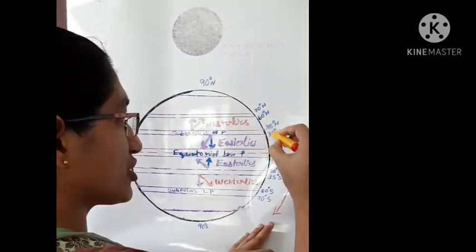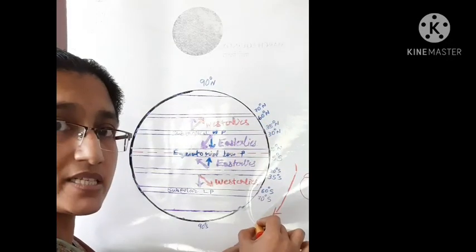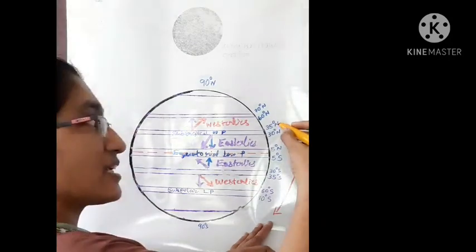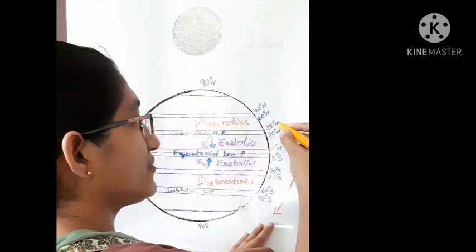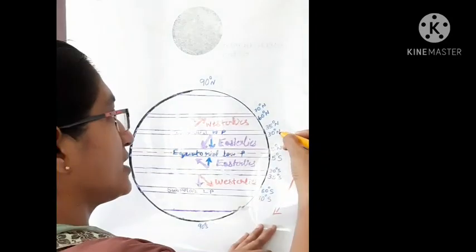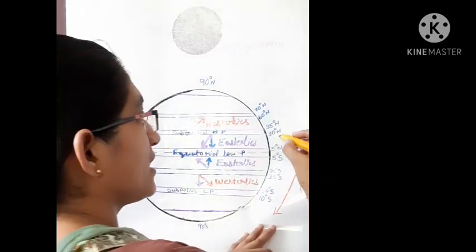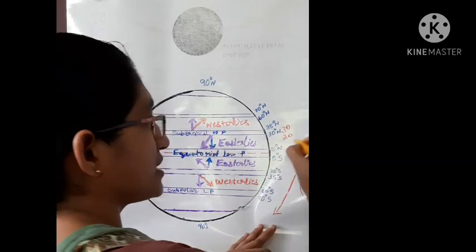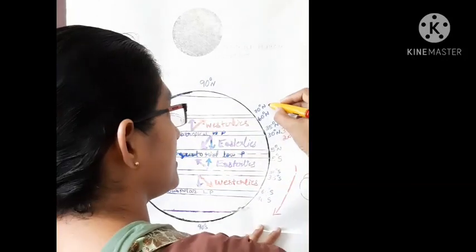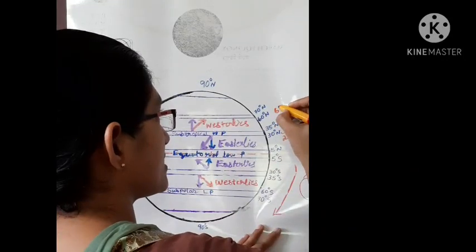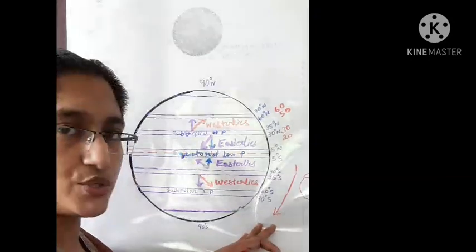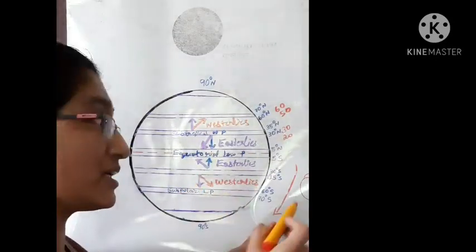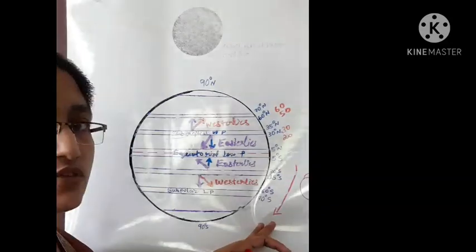The pressure belt generally existing between 35 to 30 degrees of latitude will move towards the south, experiencing between 30 to 20 degrees of north latitude, and the other belt between 60 to 50 degrees of latitude. That means the flow of the wind will also be occurring between 30 to 50 degrees of latitude.